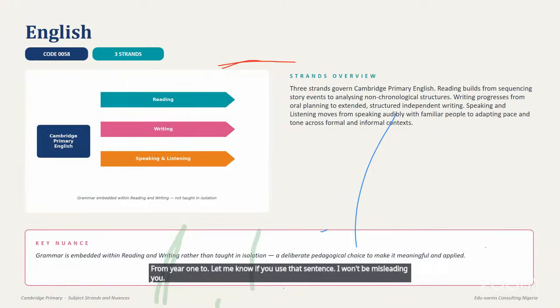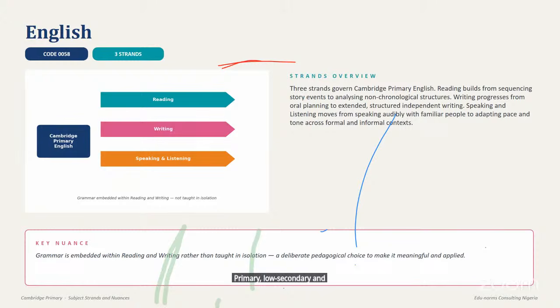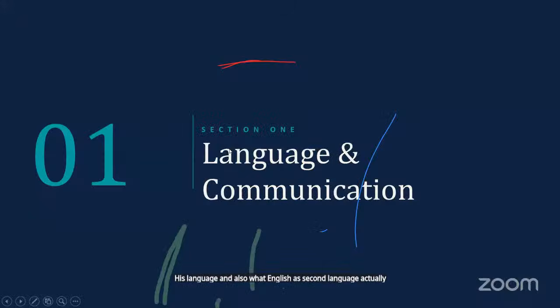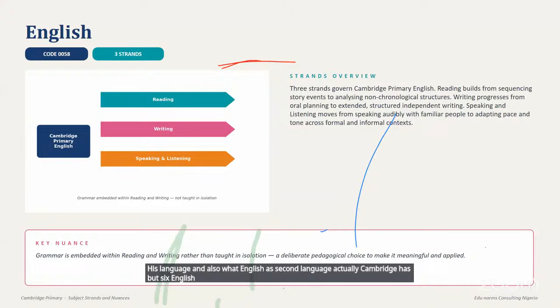Now let's talk about English language: primary, lower secondary, and upper secondary. We have English language, remember? And also English as a second language. Actually, Cambridge has about 6 Englishes.